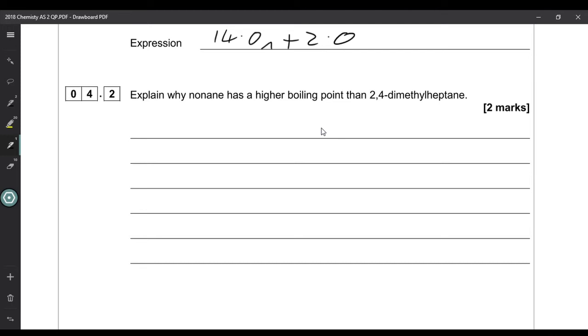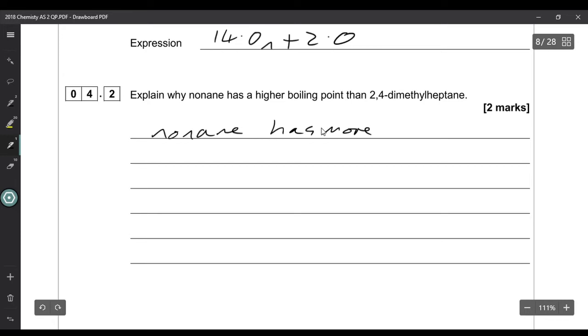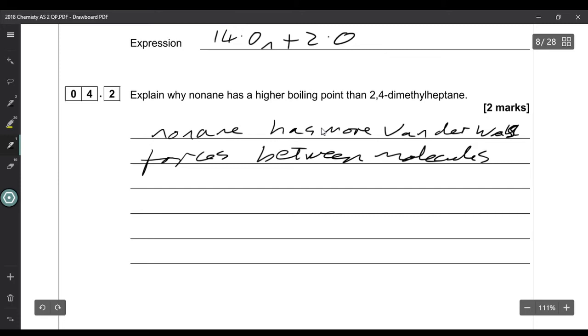So because nonane has more van der Waals forces between the molecules, because there is more surface contact.